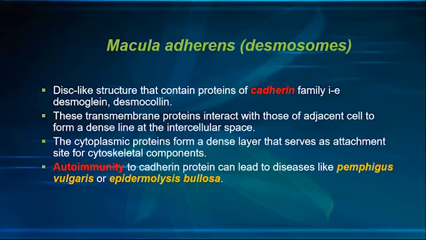Then we have the last point, which is discussing if there is any sort of abnormality that occurs in relation to the cadherin, that is the transmembranous protein present on the desmosomes. ठीक है, so what is autoimmunity?